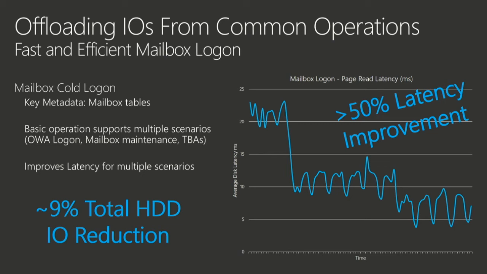So when we offload the mailbox tables onto the SSD, not only are we accelerating all of these scenarios, we're actually saving I/O from the hard drive. If you look at the graph on the right, that big drop, that 50% latency improvement, is when we first released the feature. At that time, we measured how much HDD we saved, and that was 9% overall HDD. So that 9% can go and serve other scenarios.